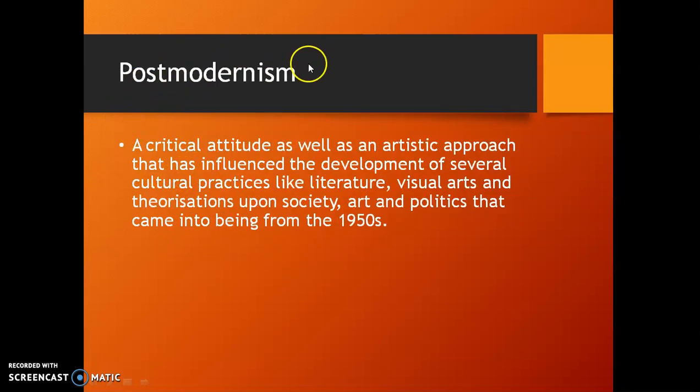Now, postmodernism refers to a critical attitude as well as an artistic approach that has influenced the development of several cultural practices like literature, visual arts, and theorizations upon society, art, politics that came into being from the 1950s.